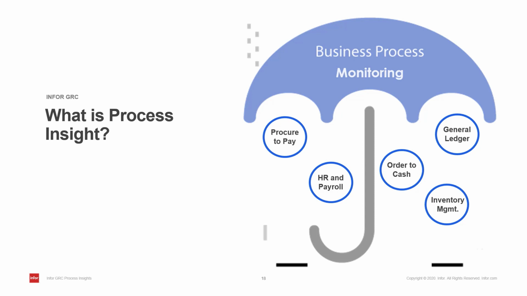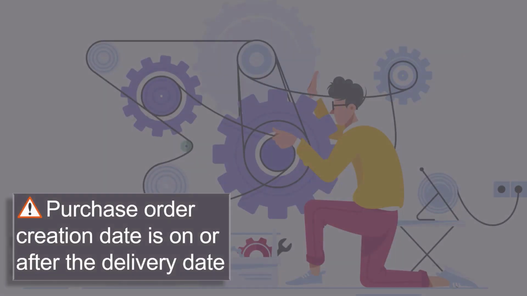All right, with that background in mind, now let me start introducing you to the different control types. We'll start with the first control, which is a math type of control. For the math type of control, I'm taking an example of purchase order creation date is on or after the delivery date. A typical example of this control, where what we're trying to emphasize is that there could be multiple risks identified as a part of this control.